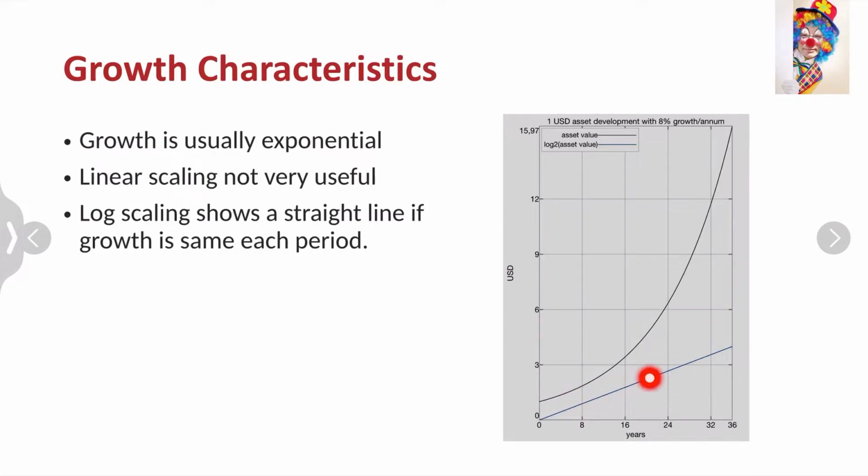And here in the blue line, you see if you take a logarithm to the base 2, you see here a straight line. So it doesn't matter if you take the logarithmic function here in this graph, or if you would scale this vertical axis in a logarithmic fashion here. That's the characteristics of growth.